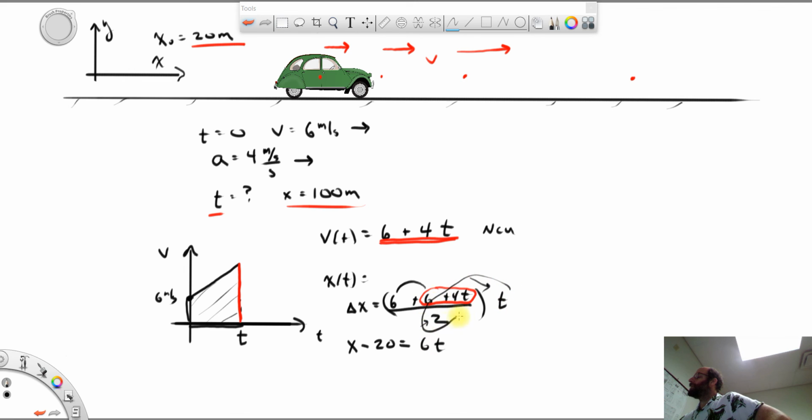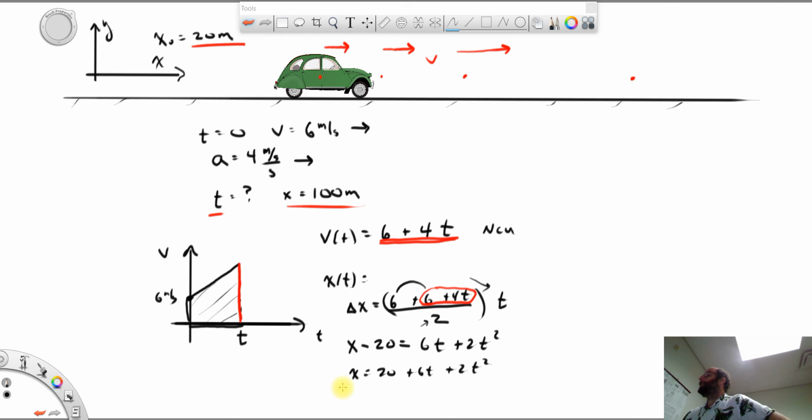And then this product right here is 4t squared over 2, 2t squared. So plus 2t squared. Now just move the 20 over to the right. So x equals 20 plus 6t plus 2t squared. There is our position function for the car.